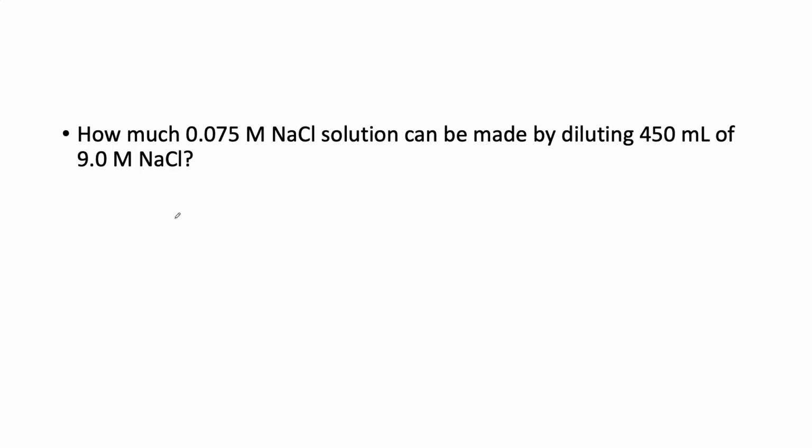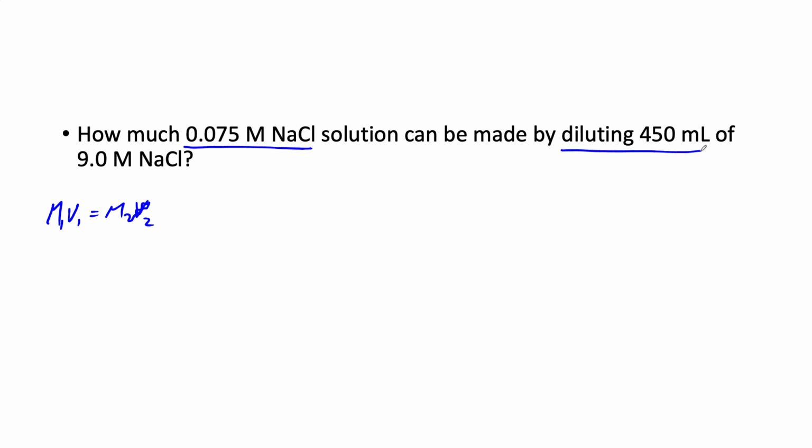Now how are we going to do this for this type of equation? So we have M1 V1 is equal to M2 V2, and in all these different types of problems, we're going to have 3 out of 4 variables. So, how much concentration can be made by diluting?